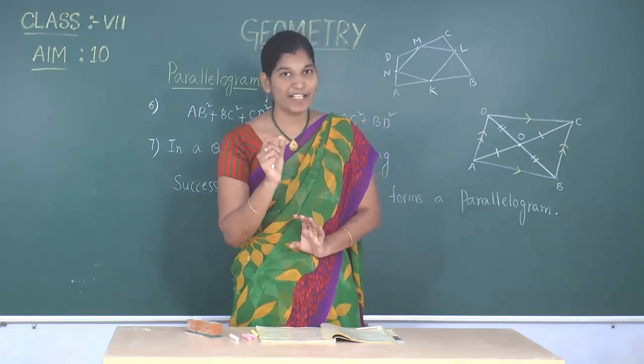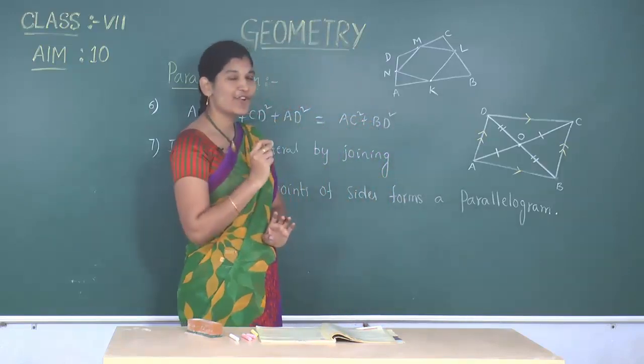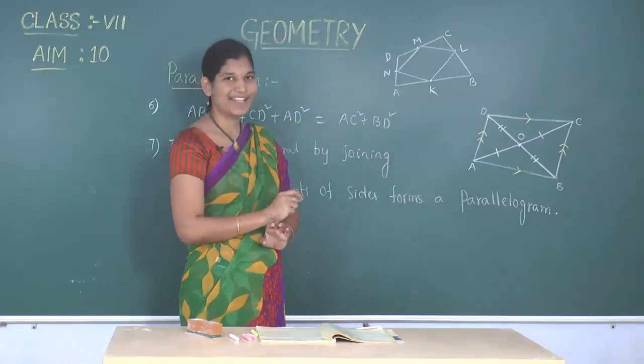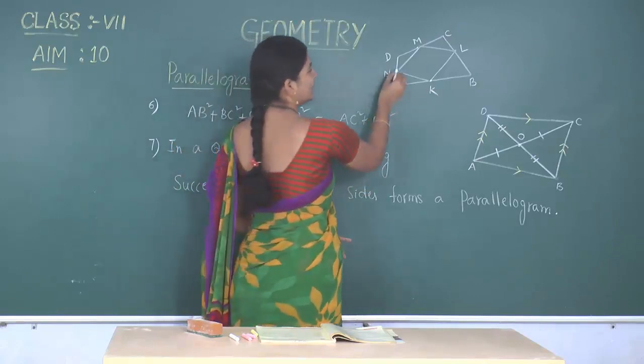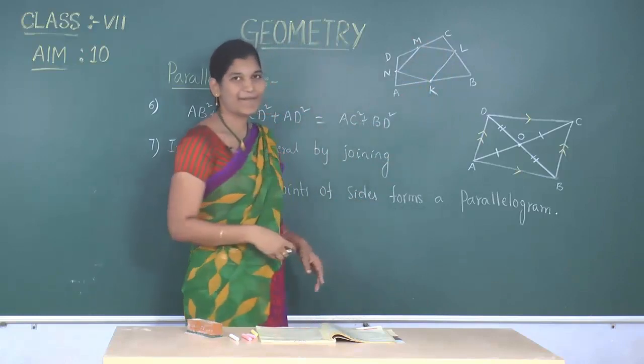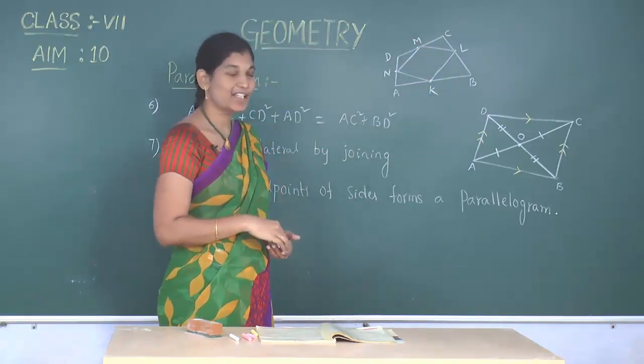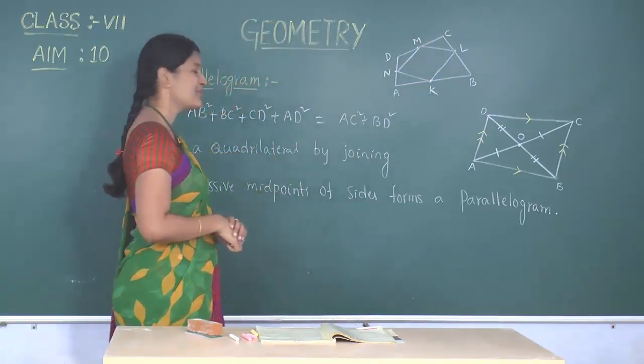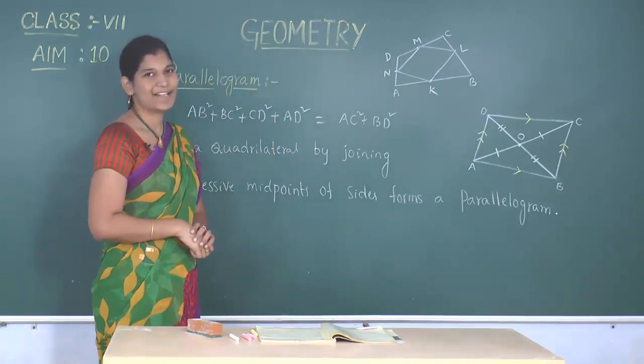And don't forget that you have to join the successive midpoints only, like this, and you need not join zigzagly. You don't join like that. Okay, this is a very important property of a parallelogram.